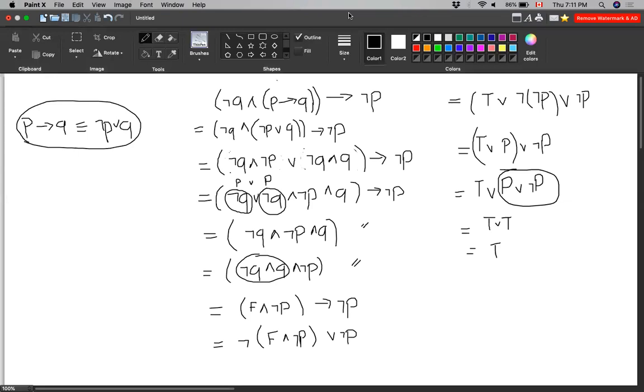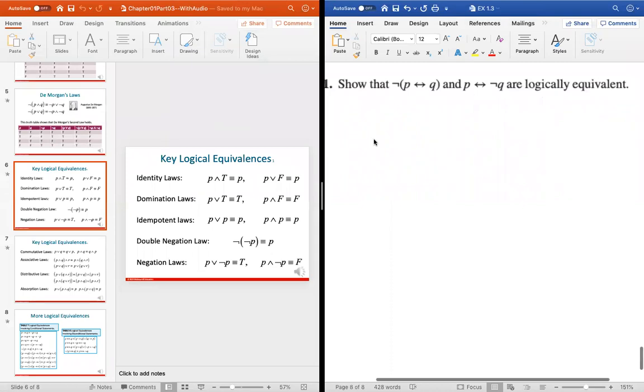Yeah, I have one question. How did the disjunction of negation Q and negation Q come out when you were doing line 4? Where did the disjunction come from?